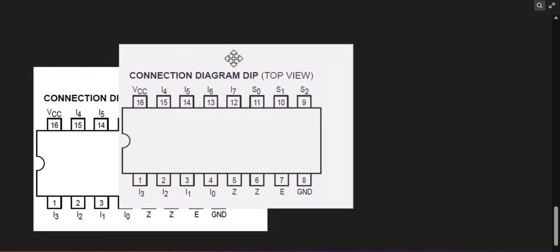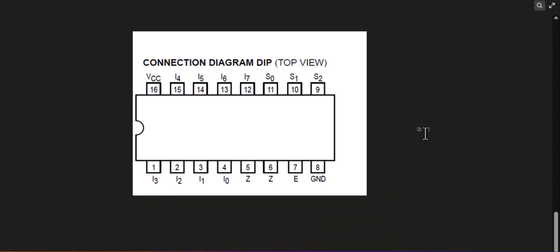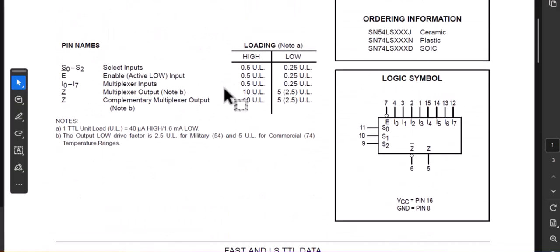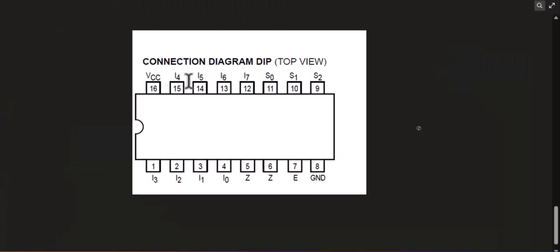Just to make sure, you did say connect the enable and ground both to ground. Yes. What was the reason for connecting the E to ground again? Because you have to look at the data sheet, and the data sheet tells us E is enable, active low input. And so that's how we knew. And when we get to the decoder, it's crazy.